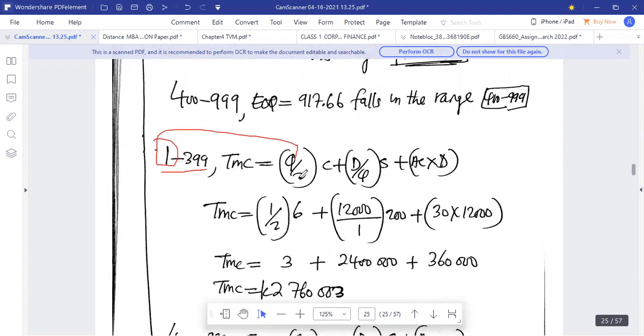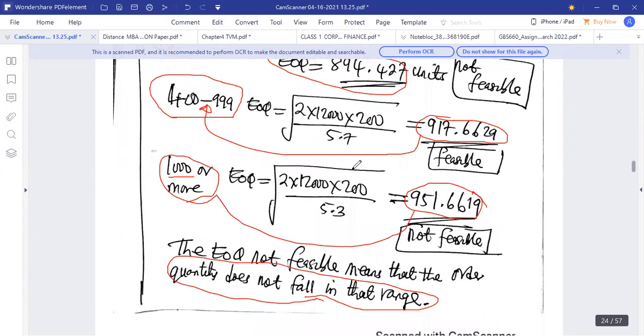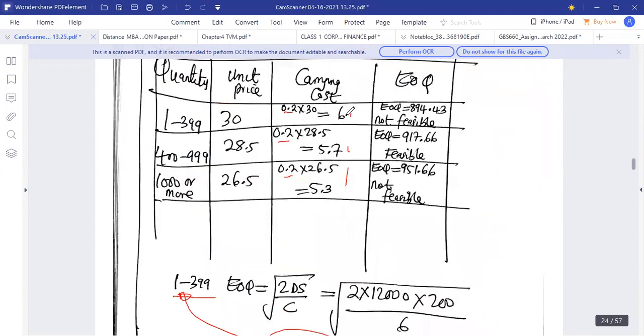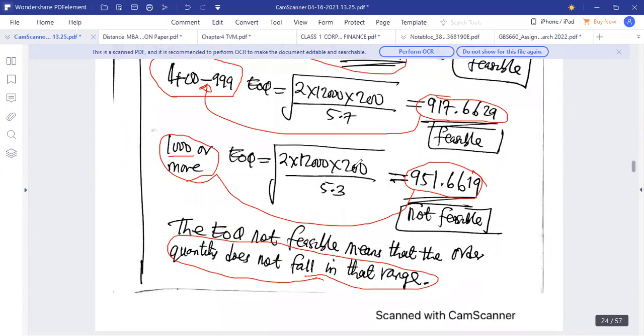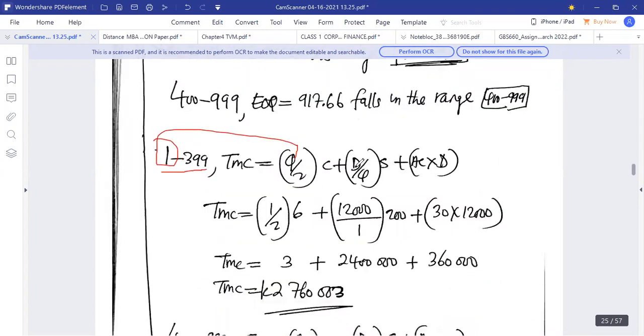Over 2 is constant. Then our C is a carrying cost, so you go back to the carrying cost here. We found the 6 here. Then our D is our annual demand, which is 12,000. Q, we are ordering 1 unit. Our S is 200 from the question.